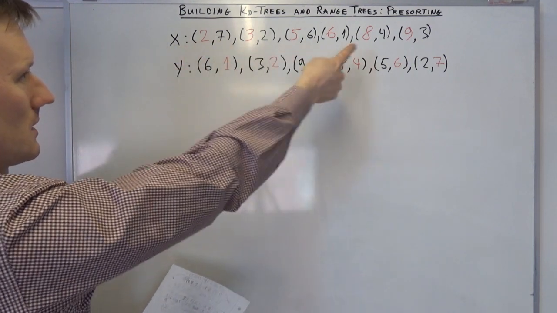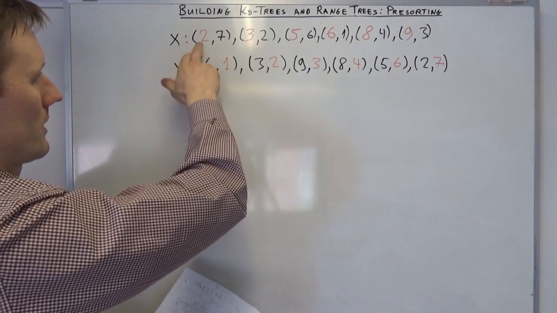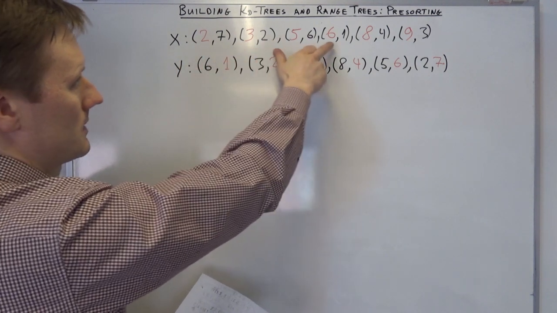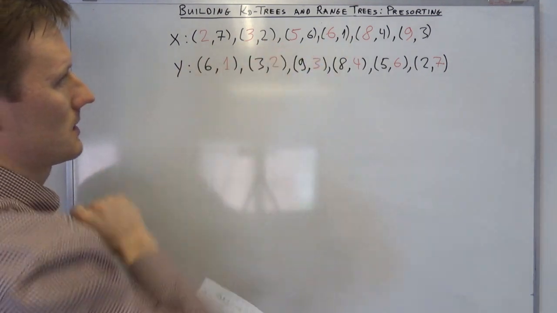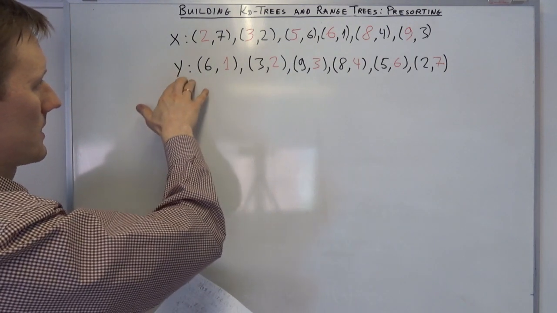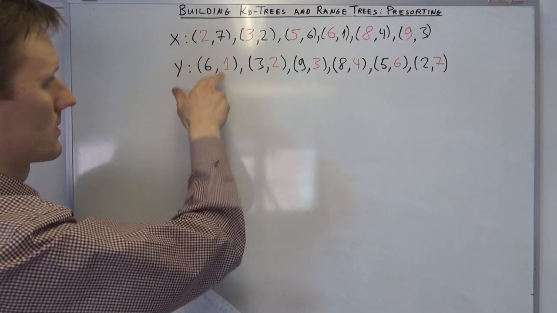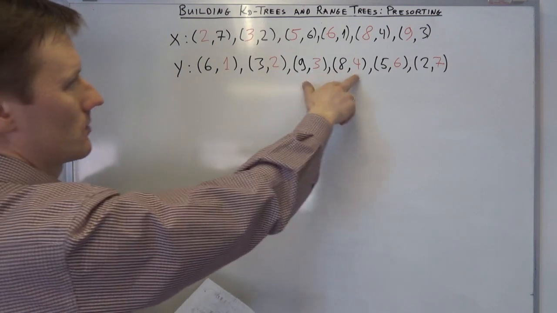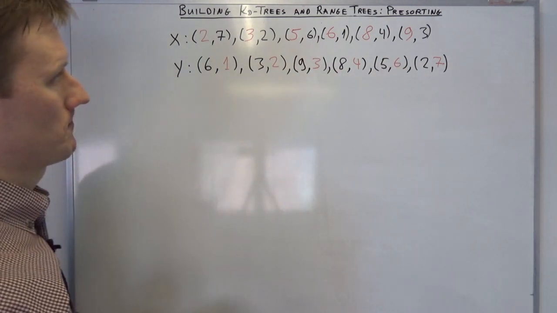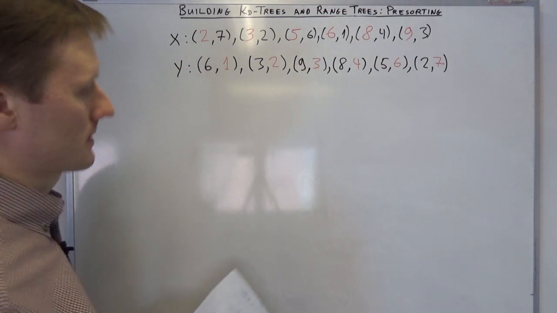So this is the X array sorted on x. I showed the x coordinates in red, and as you can see, they are sorted. And here in the Y array, we have exactly the same set of points, just sorted on y. So now I show in red the y coordinates, and you can see that they are sorted. And these are exactly the same points.